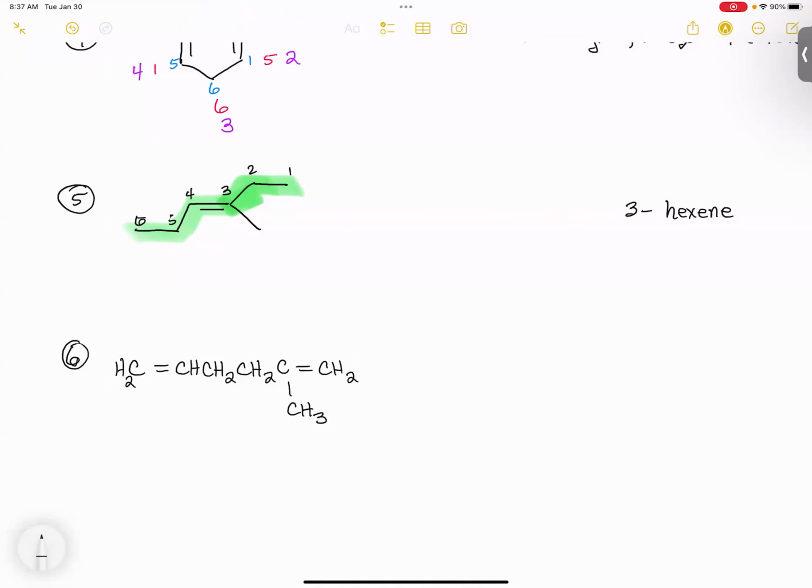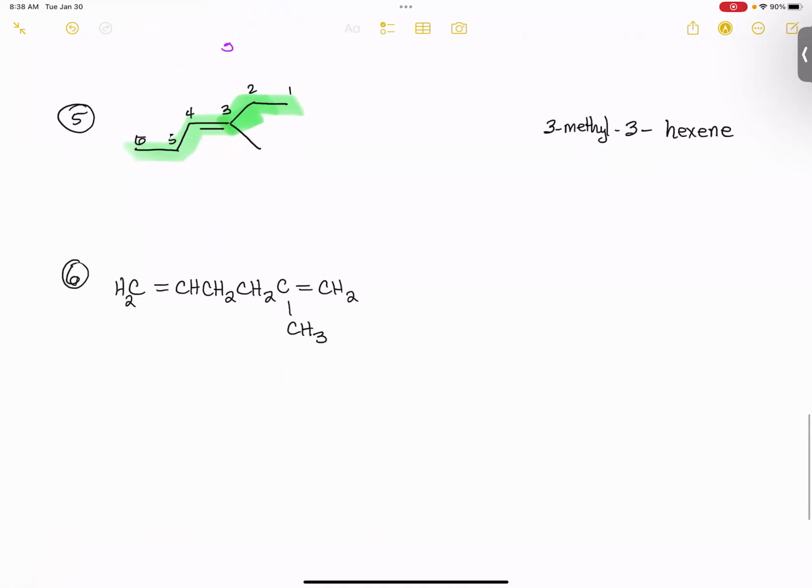Now what else is in here? A methyl group. So this is 3-methyl-3-hexene. Any questions about that one?